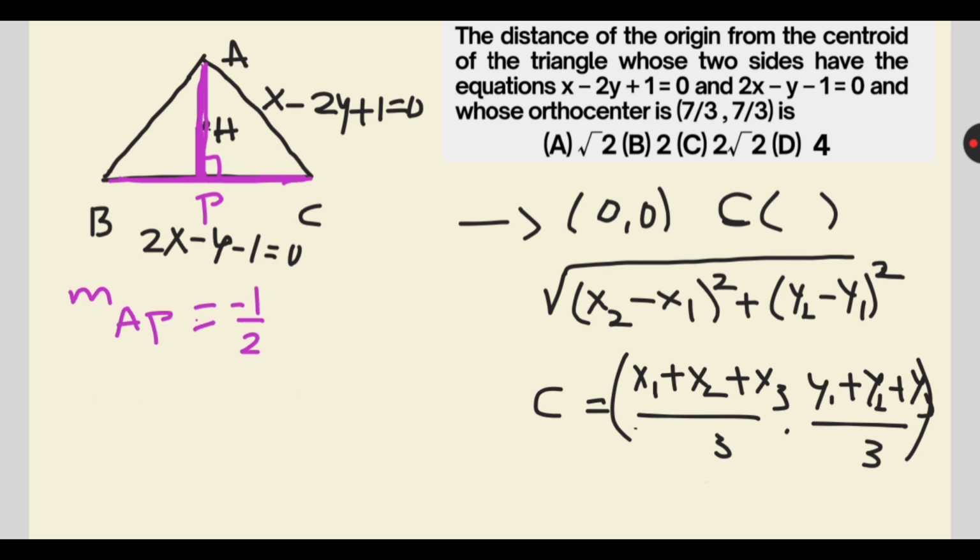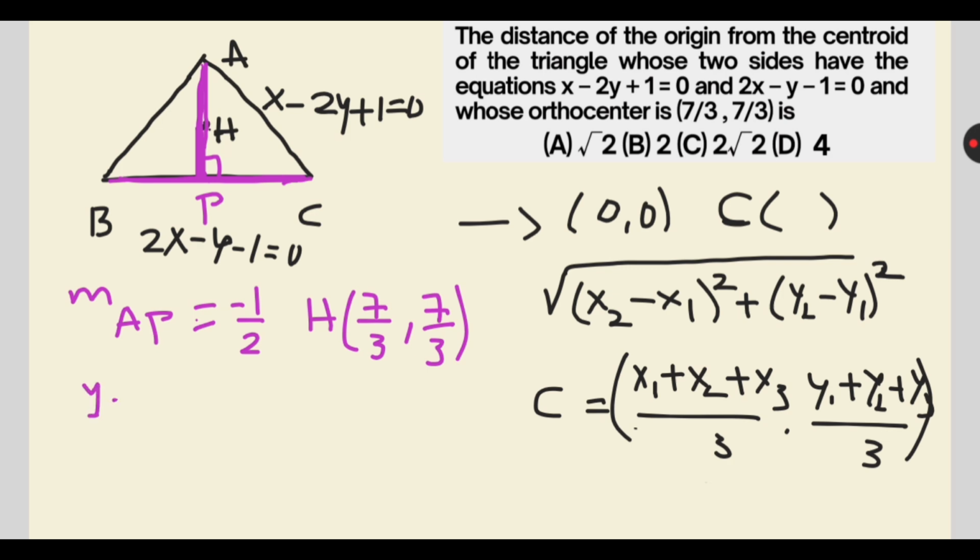This slope of AP is minus 1 by 2, and also this altitude passes through the orthocenter, isn't it? So what is the orthocenter? They have given it as (7/3, 7/3). Now we know the slope and we know the point. So using these two, we can find the equation of AP. So let's find the AP equation.